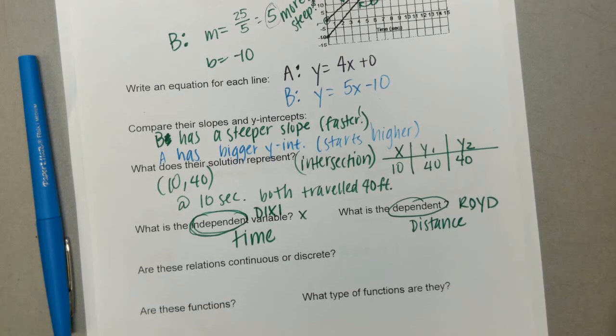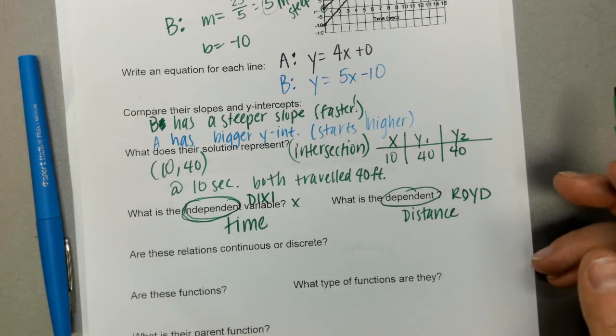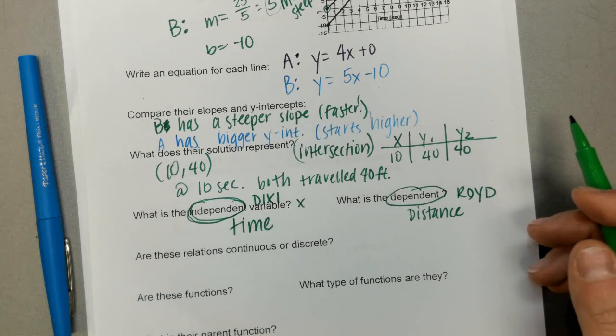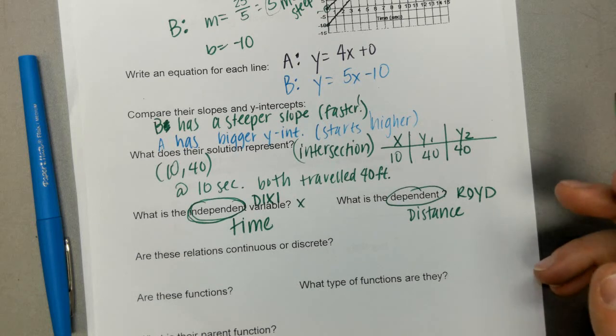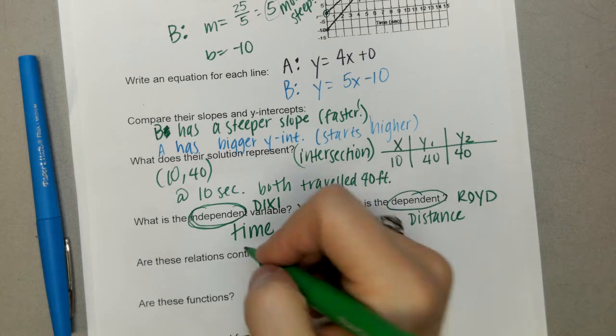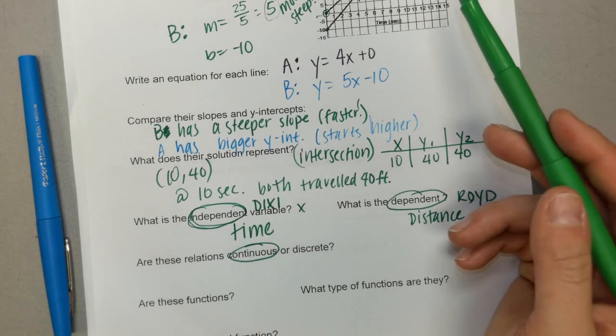The dependent variable is our y, which is distance. Okay. So are these relations continuous or discrete? Remember that? If they're continuous, that means the dots are making a line. Yes, they are continuous. In this case, the dots do form lines.